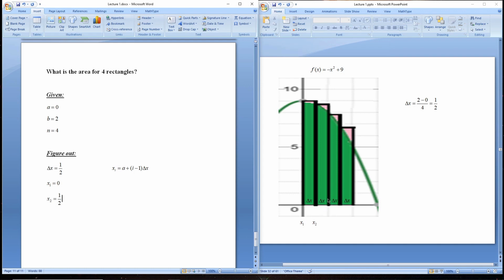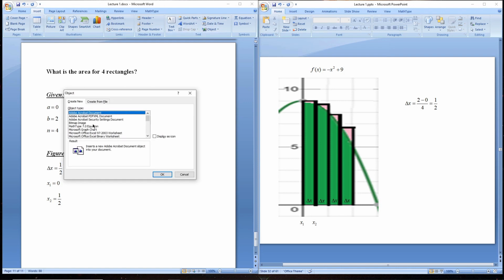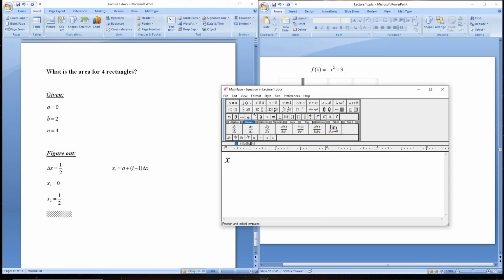So what about this third position? Well, we'll keep using our formula. This is our formula that gets us all the x positions for right rectangles. So let's check that out. Our x sub 3 position, now I is 3. So we'll look at our formula here again. It says it must equal a for this problem, which is 0. And then we're going to add to that I minus 1.